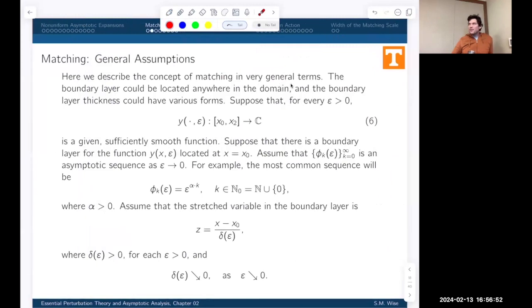Now, in chapter 1, we did a very simple idea to match solutions. We had one free parameter involved when we constructed the solution to the inner problem, and the outer problem was completely determined by using the one boundary condition. And all we did was a very simple limit procedure to join the two up, and we got a uniform approximation.